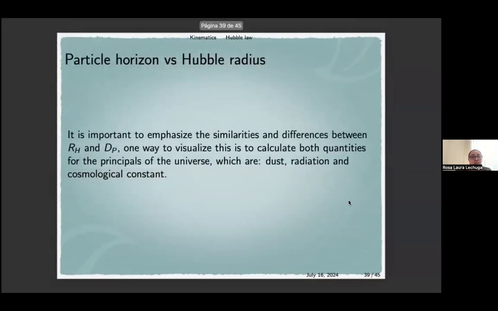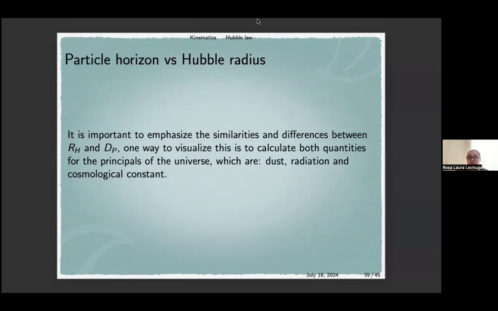Okay, so as I mentioned before, it's important to talk about the difference and the similarities between the Hubble radius and the particle horizon distance.